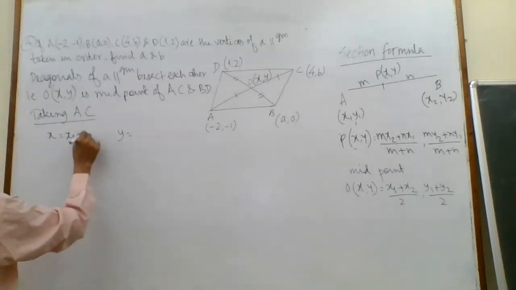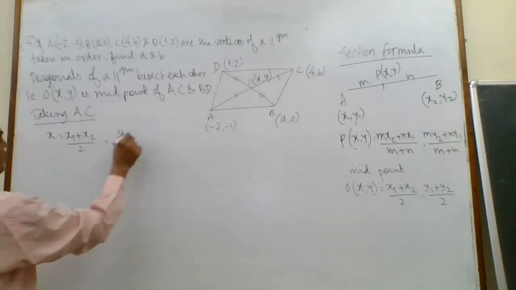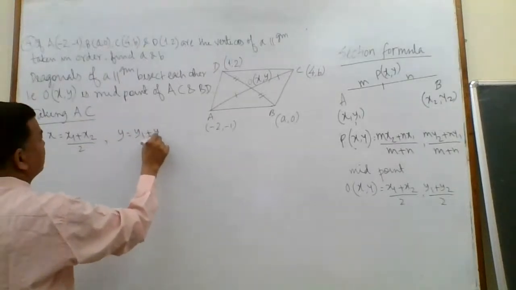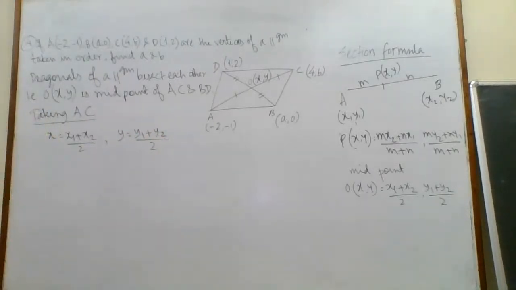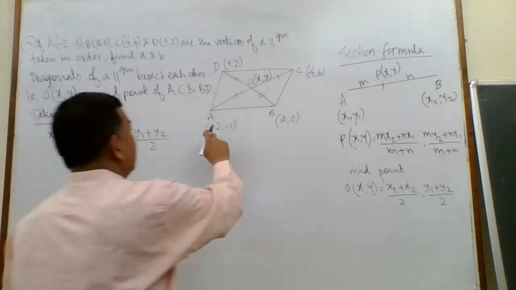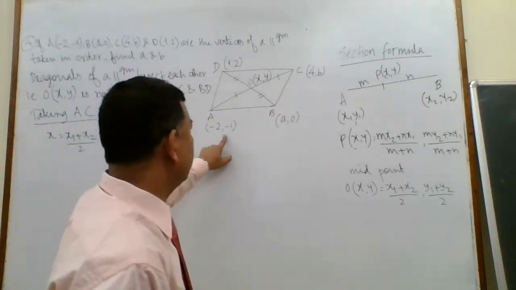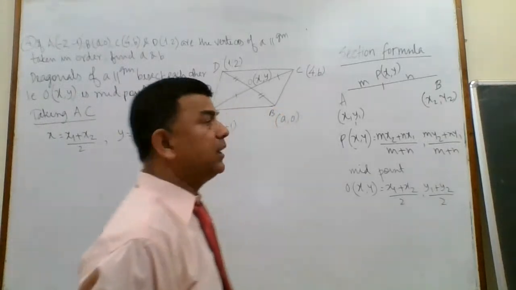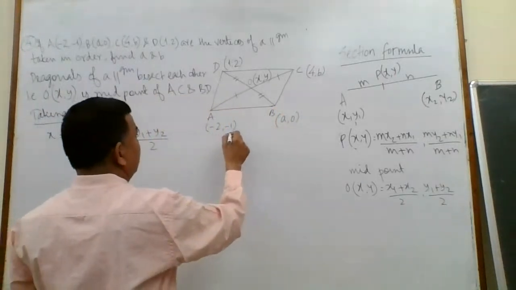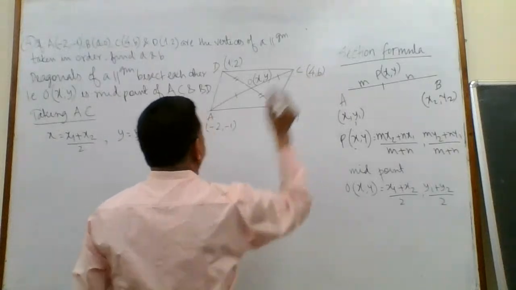The x formula is x1 plus x2 by 2 and y is y1 plus y2 by 2. Right now we have taken O to be the midpoint of AC. So out of A and C, one will act as x1, y1, the other will act as x2, y2.